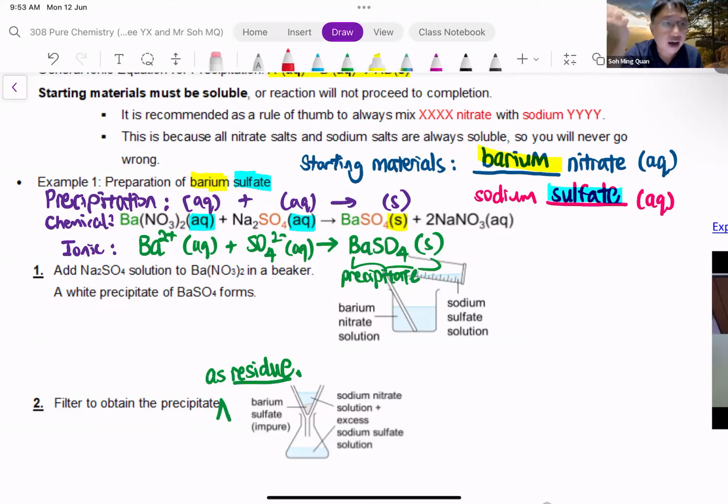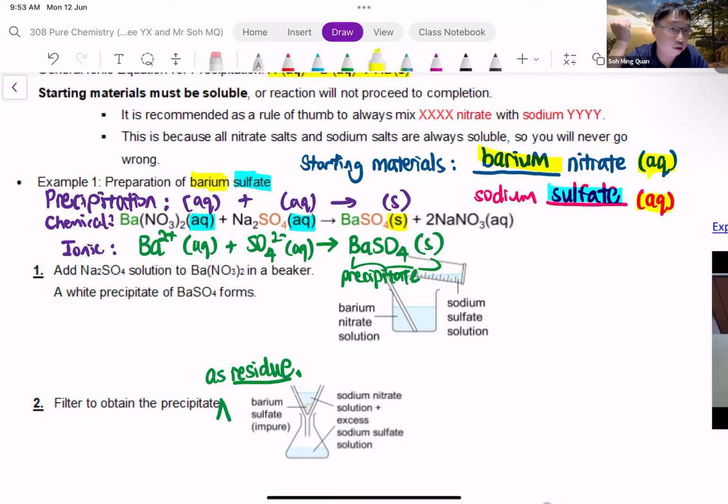That's because I know that nitrates are definitely soluble in water. Therefore, they will definitely be able to have an aqueous solution. Remember, for precipitation, you must have aqueous starting materials. Both starting materials are aqueous, and when you add them together, they form your solid precipitate. So we start with aqueous barium nitrate, aqueous sodium sulfate.